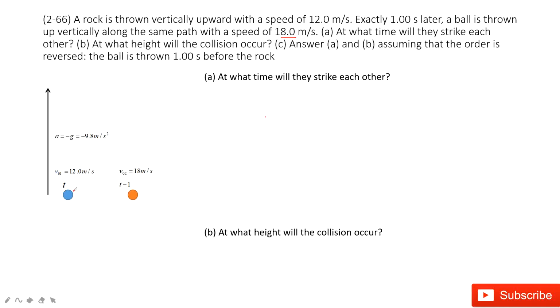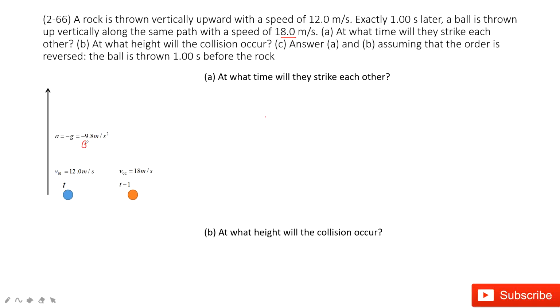That means if object 1 moves 1 second, object 2 has moved 0 seconds, right? If object 1 moves 2 seconds, object 2 moves 1 second. Acceleration is due to gravity, always pointing down, so we must keep the negative sign there.